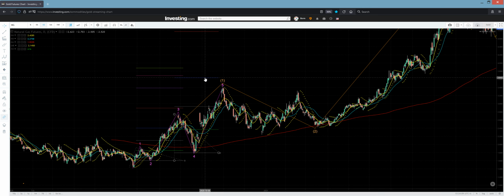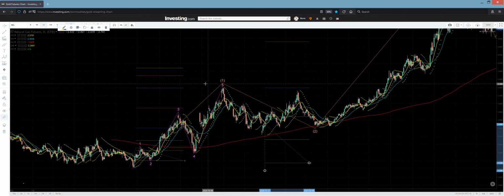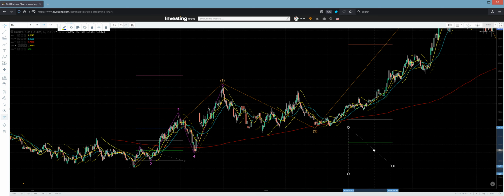Okay, and it doesn't reach the 1.618 as this one had, as wave 3 had almost reached the 2.618 level. But however, wave 5 did reach the 3.618 level. Okay, all well and good. Now we're going to count back.